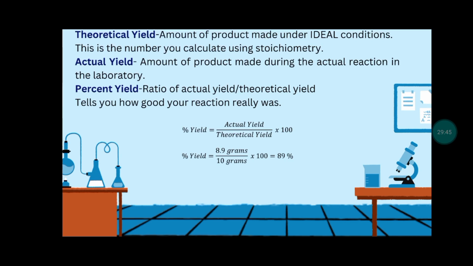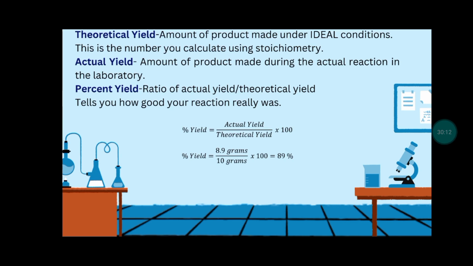This is the amount of product we can expect if every molecule of the reactant will convert flawlessly into product. Ibig sabihin, perfect ang reaction natin, and there's no such thing as perfect. Ideal lang siya, pero in real life, hindi talaga siya nangyayari kasi walang 100% conversion. Walang 100% efficiency in real life.